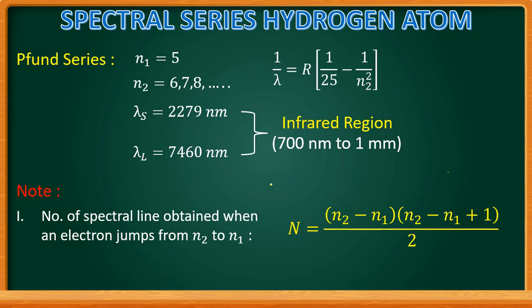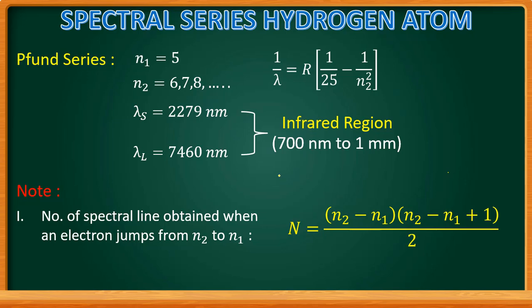Okay. Then just remember a few things. Some questions are asked just like this. Find out the wavelength of the first member or first line of Balmer series, or the second member of Lyman series. So how can you find that? Just remember this one. As we know, for each spectral series we have a fixed n1 value. So we just have to take the n2 value.